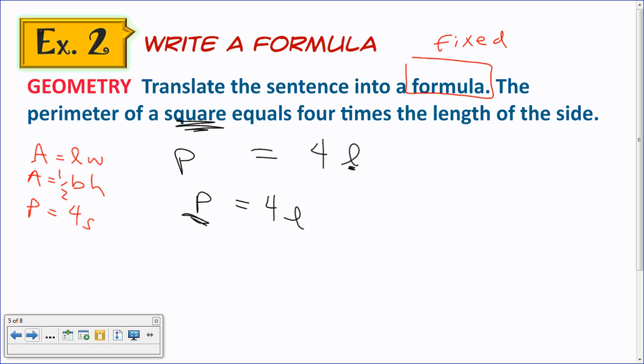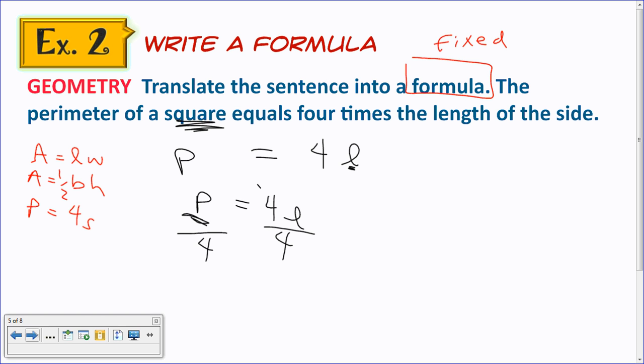You guys listen to this. Since P is by itself, it is technically solved for P. So understand that concept, because we're going to get to some problems that you're going to have a hard time with. We've already worked a few. How do I solve this for L? Just divide by 4 on both sides.